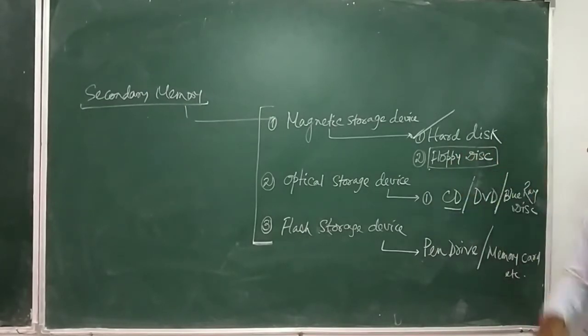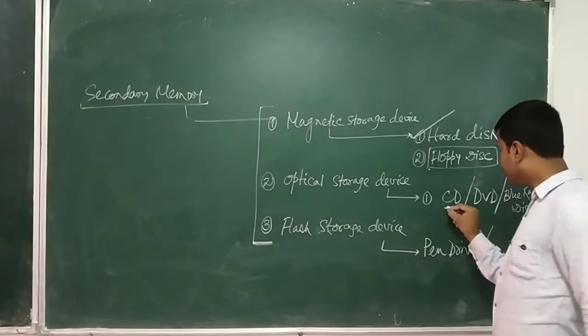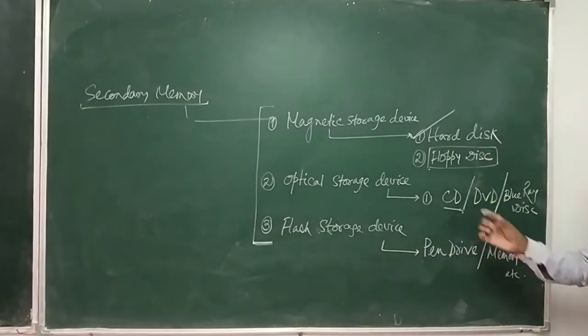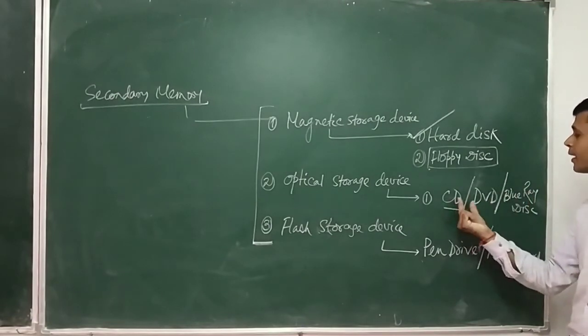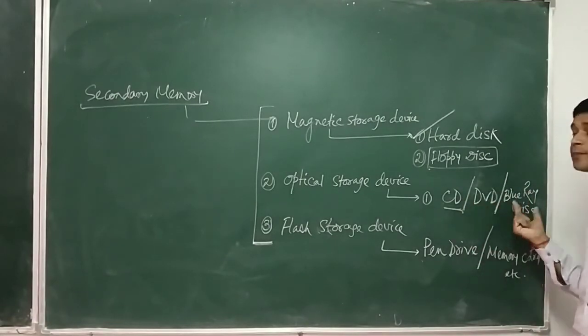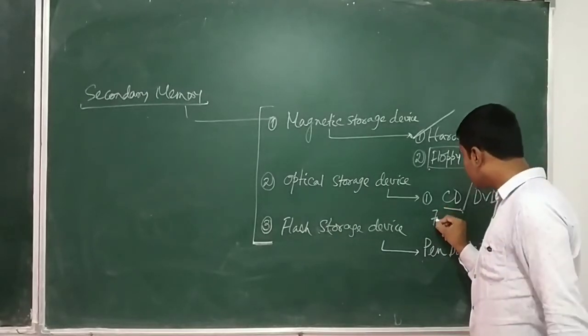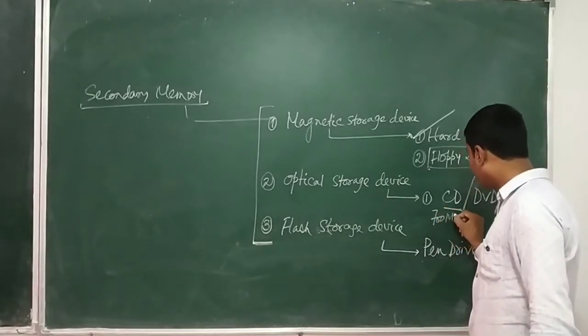Now here, based on the storage capacity, there is CD, DVD and Blu-ray discs. The capacity of a CD is just 700 MB of data.